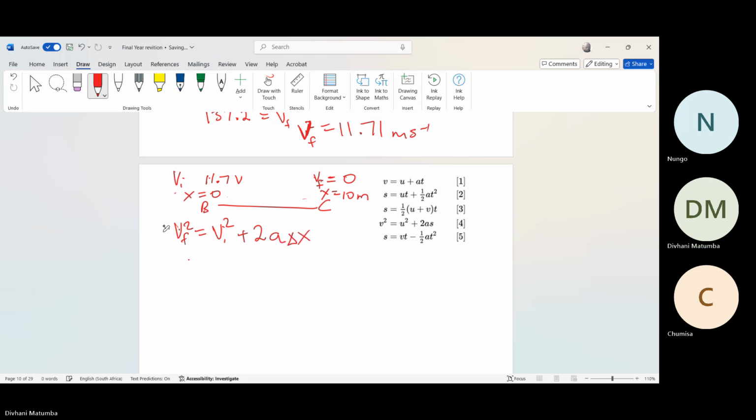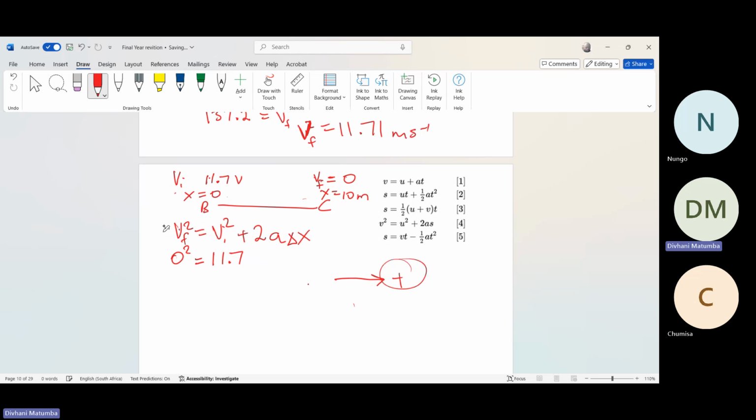Okay. So our final velocity is 0. Our initial velocity is 11.7. On our frame of reference, we have chosen the direction of right to be positive.